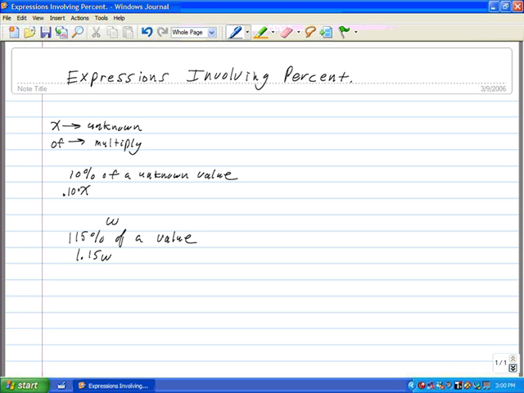Now, a very common thing for people to do is to forget the variable when they're working with percentages, especially when we're talking about a percent increase or a percent decrease type situation.